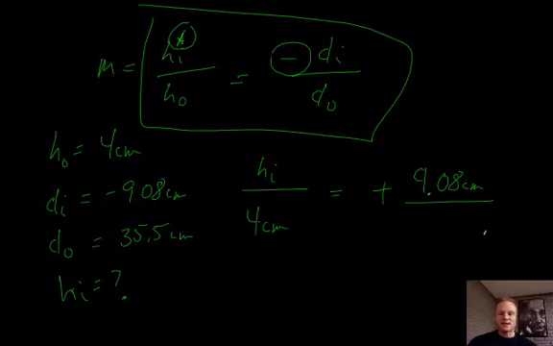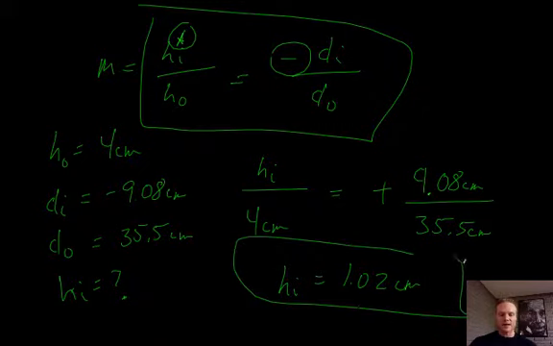And then my do is 35.5 centimeters. If you cross multiply and then divide, you should find an hi of 1.02 centimeters. So that's going to be the height of the image. The object's 4 centimeters, the height of the image is 1.02 centimeters.